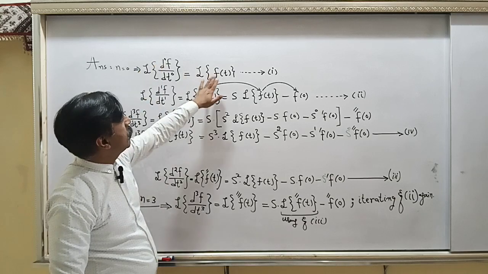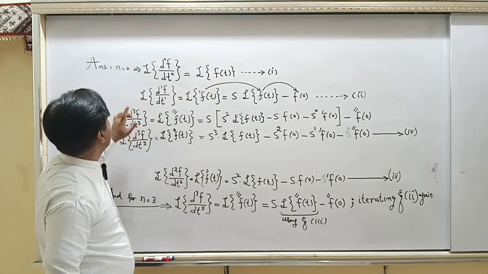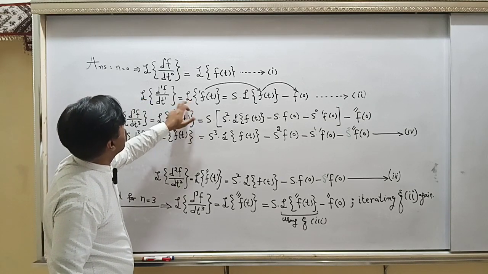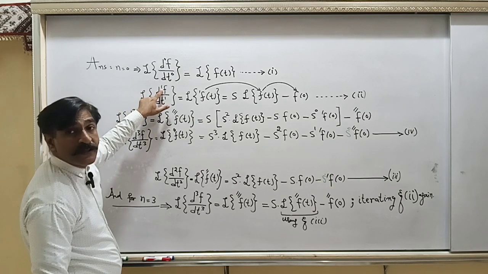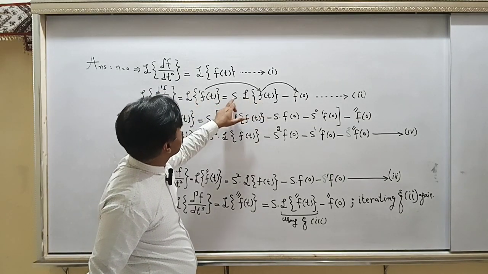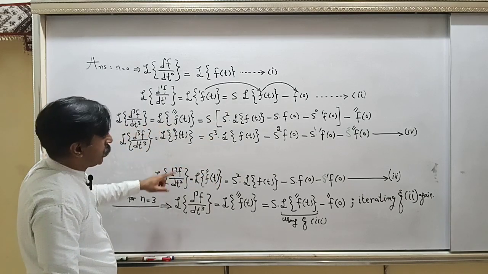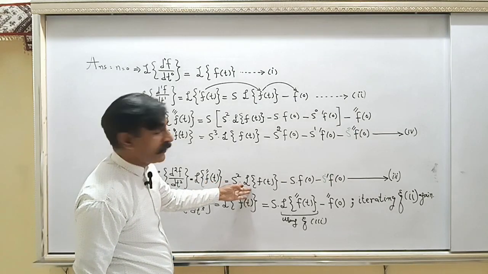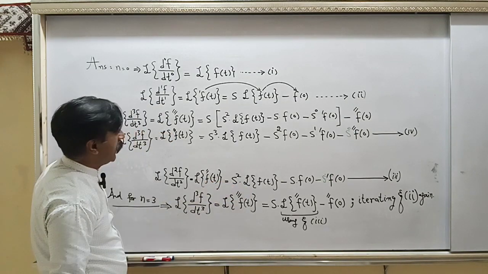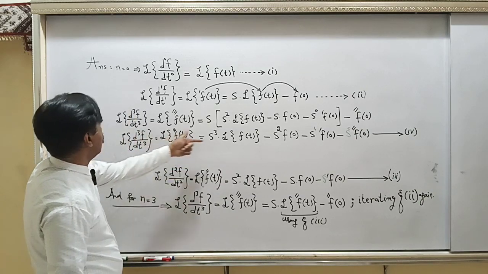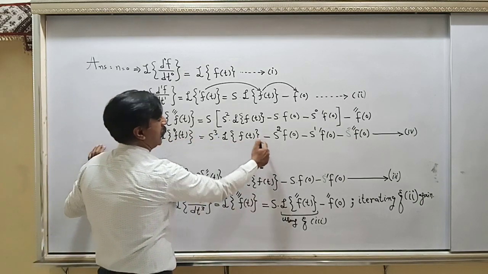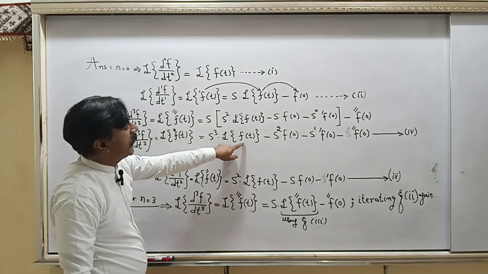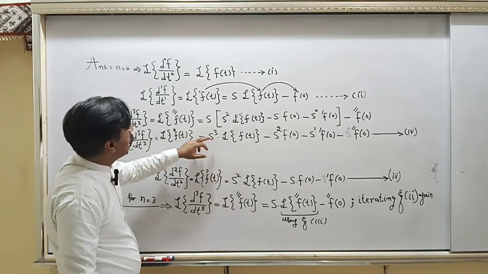Now, the pattern should be visible. When n is 0, there was only L of f(t), and when n was equal to 1, meaning the first derivative, there is L of f(t) with some s, and in equation number 3, the Laplace transform of the second derivative, there is again L of f(t) with s power 2, right? And in the end equation number 4 has s cube and L of f(t). Now L of f(t) appears each time, and when you generalize, then L of f(t) will appear again, but there is s.